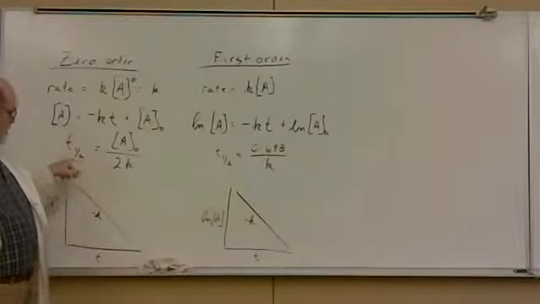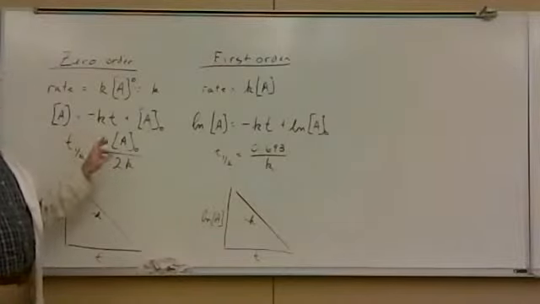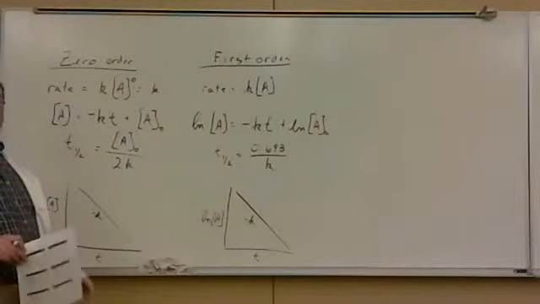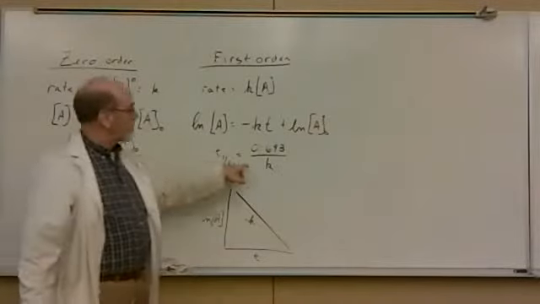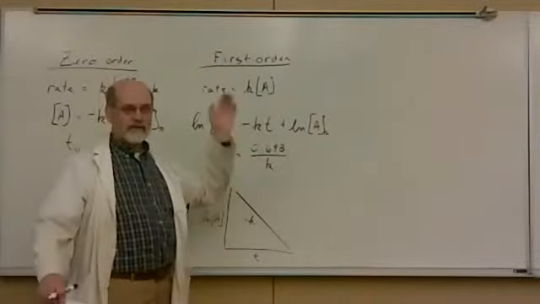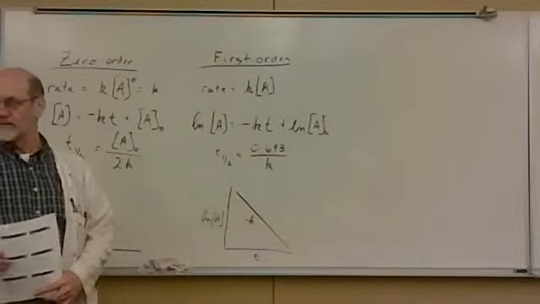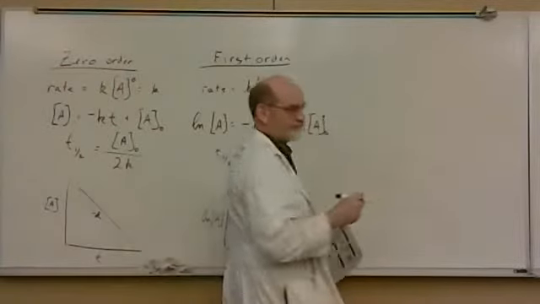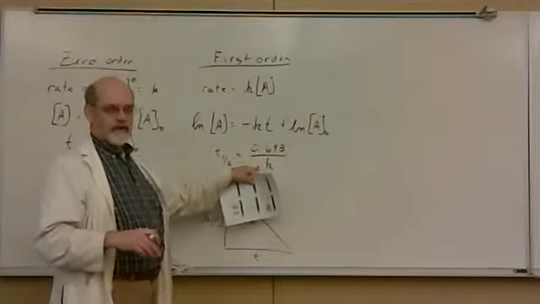Whereas for the zero order, the half-life is dependent upon where you start in your data set. So the half-life will change depending on your starting point. Whereas for first order, anywhere you start, it's going to be the same half-life.